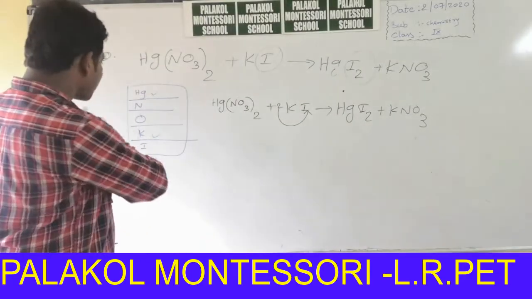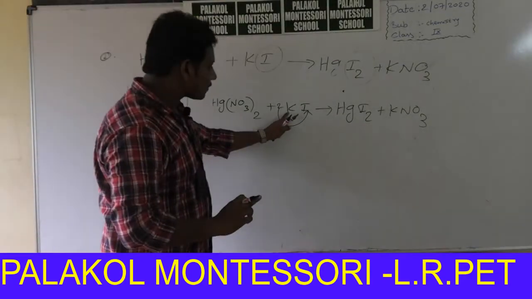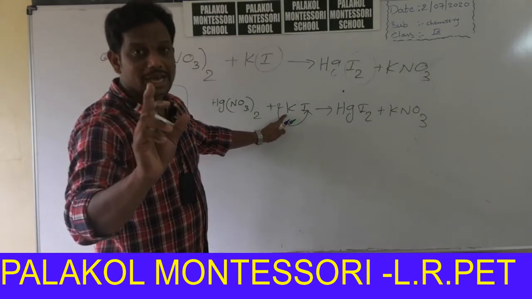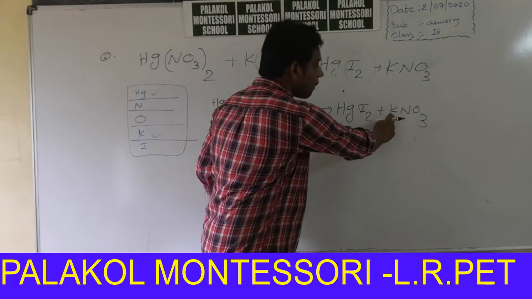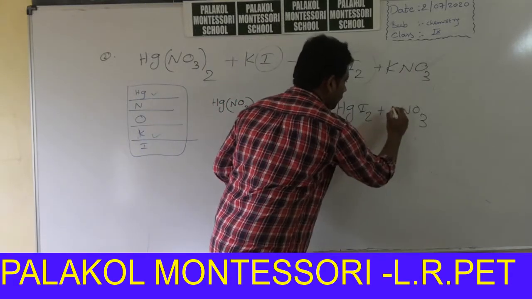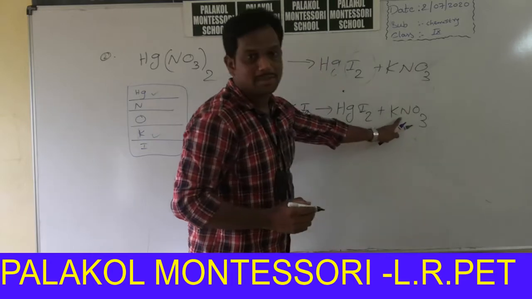Now, go for potassium. Here how many potassium atoms are there? 2KI means 2 potassium atoms. On the right hand side, how many potassium atoms are there? KNO3 has subscript only 1.